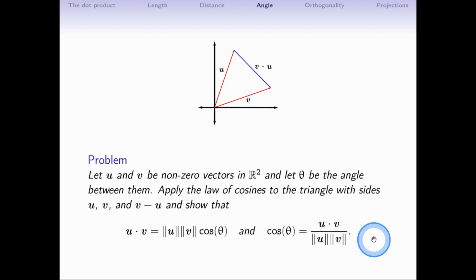How could I get a handle on the angle theta? The left-hand side tells us that we can always get it by calculating the dot product of u and v divided by the length of u and the length of v. So both of these formulas are important. Let's go to the document camera and apply the law of cosines and see how these formulas come out quite naturally. Okay, welcome to the document camera.